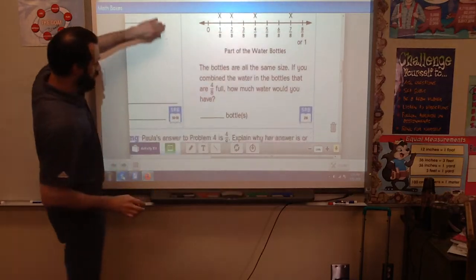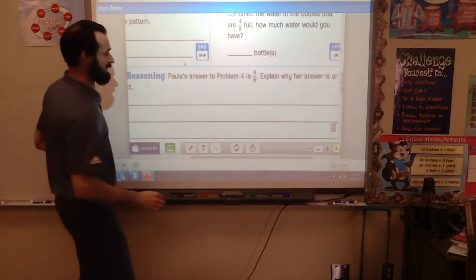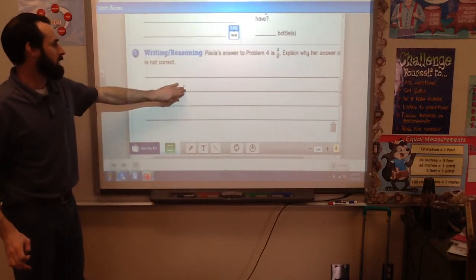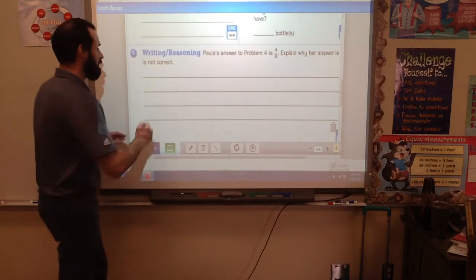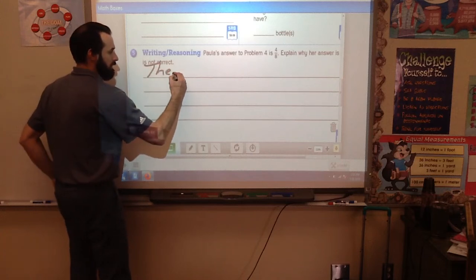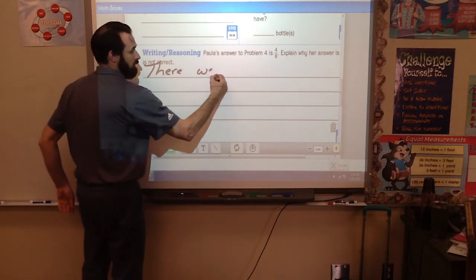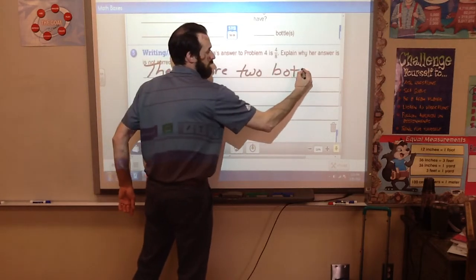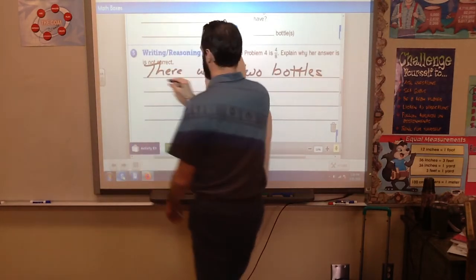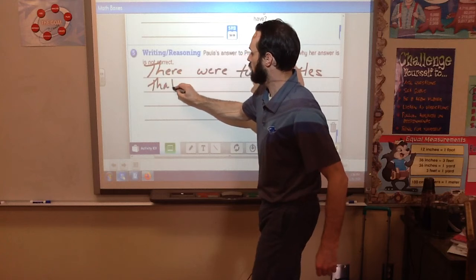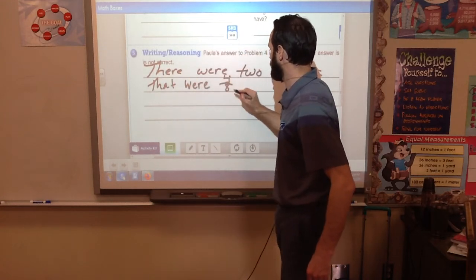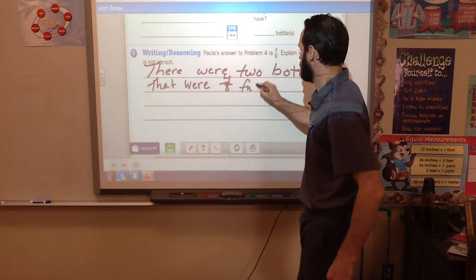And the last one is just explaining why it can't be 4/8. And the answer to that is there were 2 bottles that were 4/8 full.